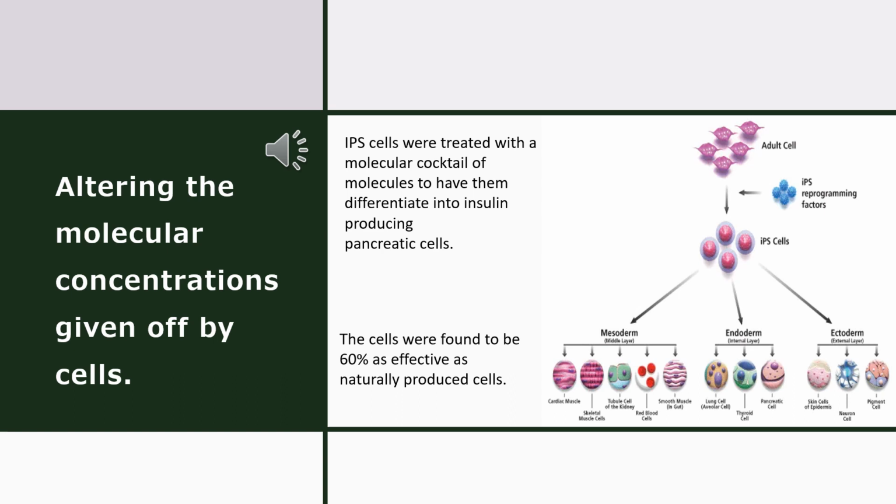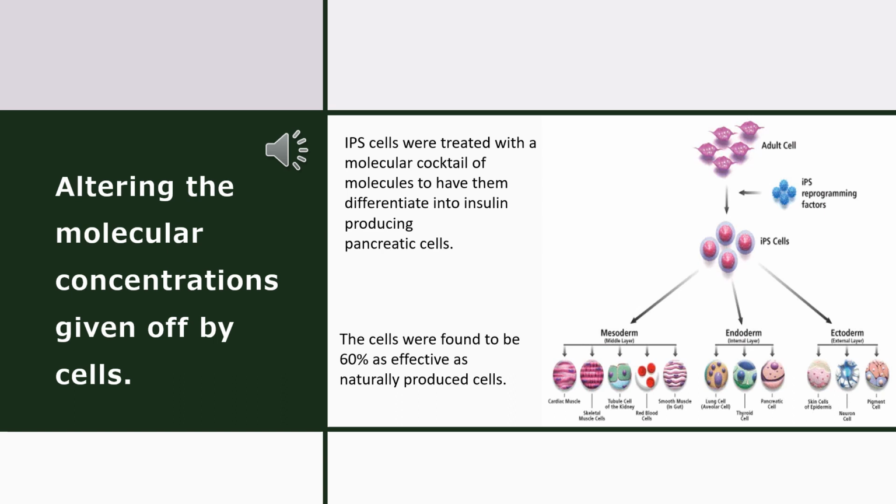In this paper, they use the more standard practice of taking adult cells and then using IPS reprogramming factors to turn those fully differentiated adult cells back into stem cells, or IPS cells. And from there, they can redifferentiate them into the different cell types based on what they program the cells with molecularly and hormonally.